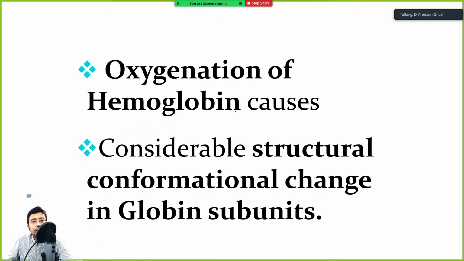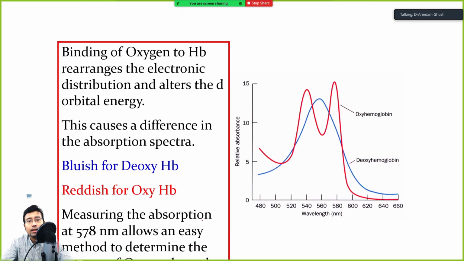However, oxygenation of hemoglobin molecule leads to a considerable structural change in the globin subunit. So I told you, when it is binding to the iron heme, it is loosely bound. However, when an oxygen is binding, other things in the hemoglobin molecule undergo changes. Conformational changes means how they are oriented in space. That thing changes.